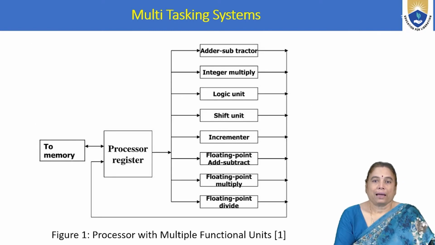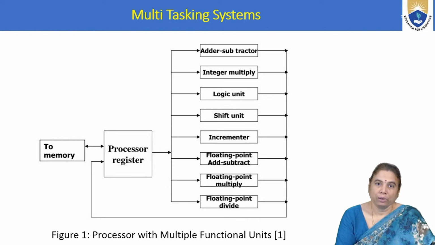This parallelism or concurrent execution can be achieved by the multiprocessor system, and in a single processor system by employing multiple functional units. The concurrent execution of instructions can be possible. One of the parallel processing tasks can be achieved with the help of multiple functional units, which can help in multitasking execution.